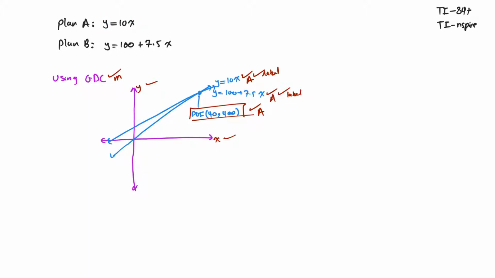So you do need to have a concluding sentence for this one and say that when there are 40 tickets, or when you go on 40 rides, or you can word it differently depending on how you labeled your x and y, the cost for both plans is $400.